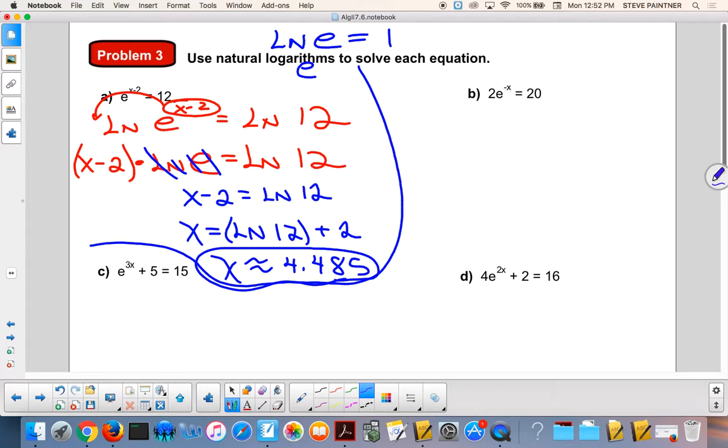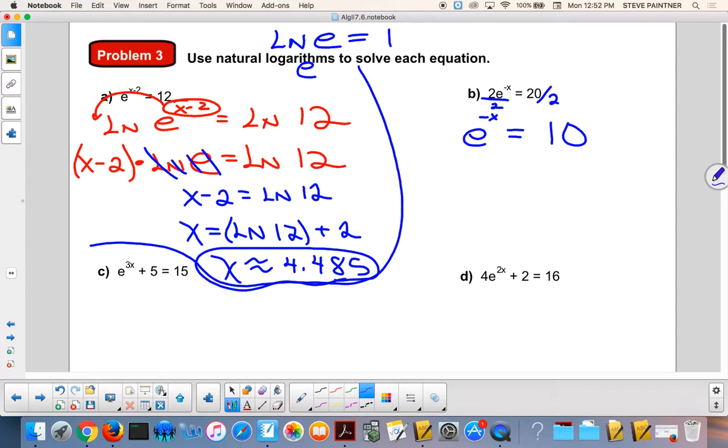I have 2 times e to a power of x. Don't you have to get the coefficient 2 out of there? This is what you want before you take the natural log, guys. You want e to the negative x. Then you take the natural log. Yeah, divide by 2, and you're going to get 10.